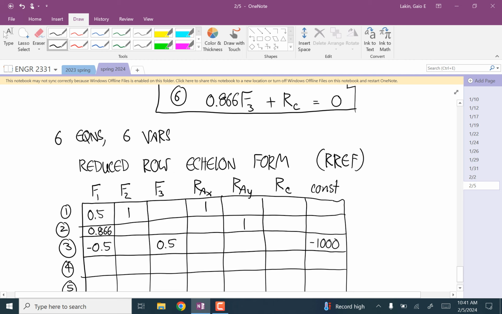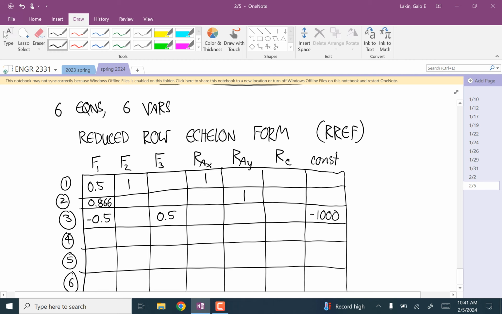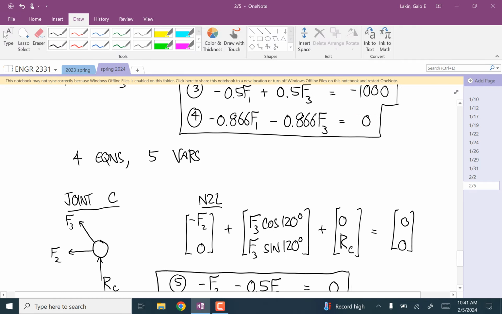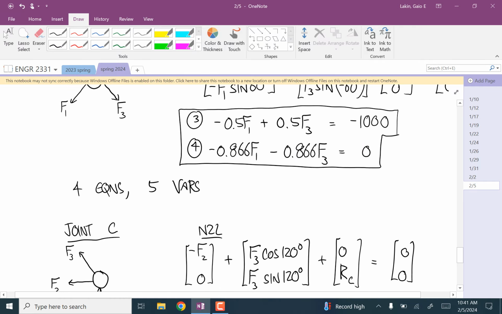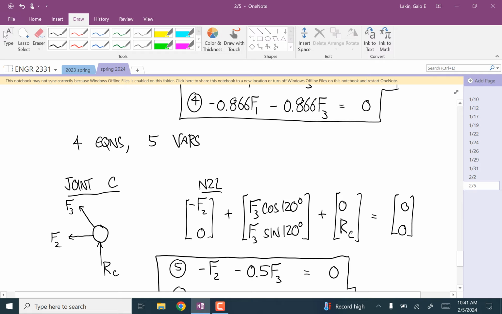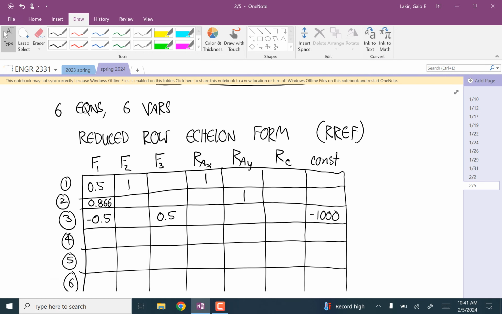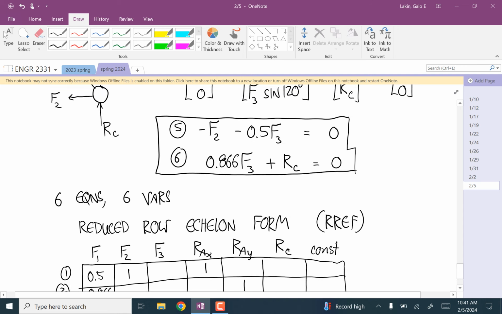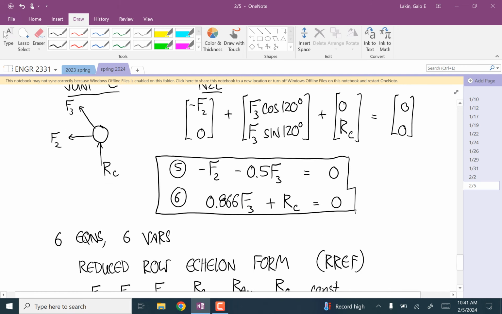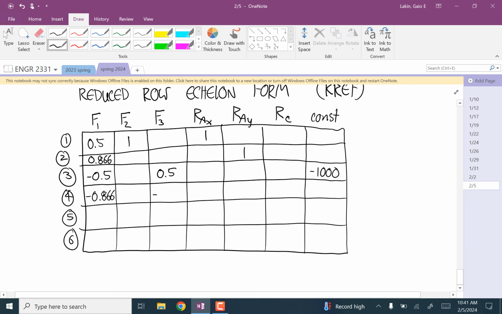If you ever set up this augmented matrix with all zeros in your constants, you're just going to get zeros for all your answers. So probably something went wrong in setting up your equations. Equation 4, F1s, we have negative 0.866. F3, we have negative 0.866.